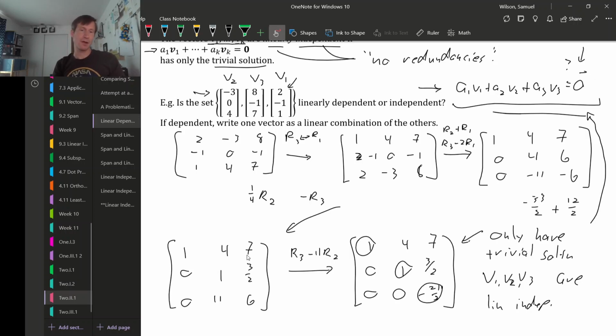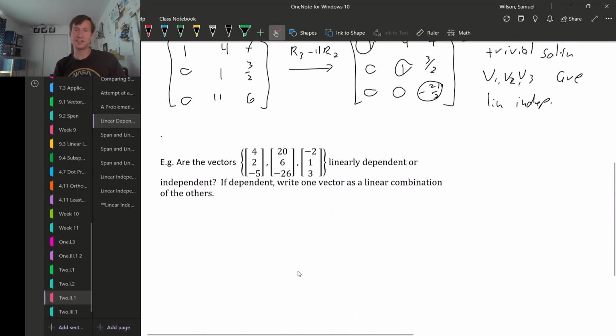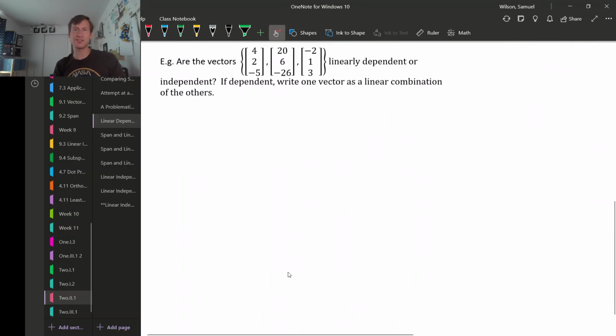All right, one more example. Let's check this one. Are these vectors linearly dependent or independent? And again, if they are dependent, we should be able to write one of them as a linear combination of the others. Same idea here.